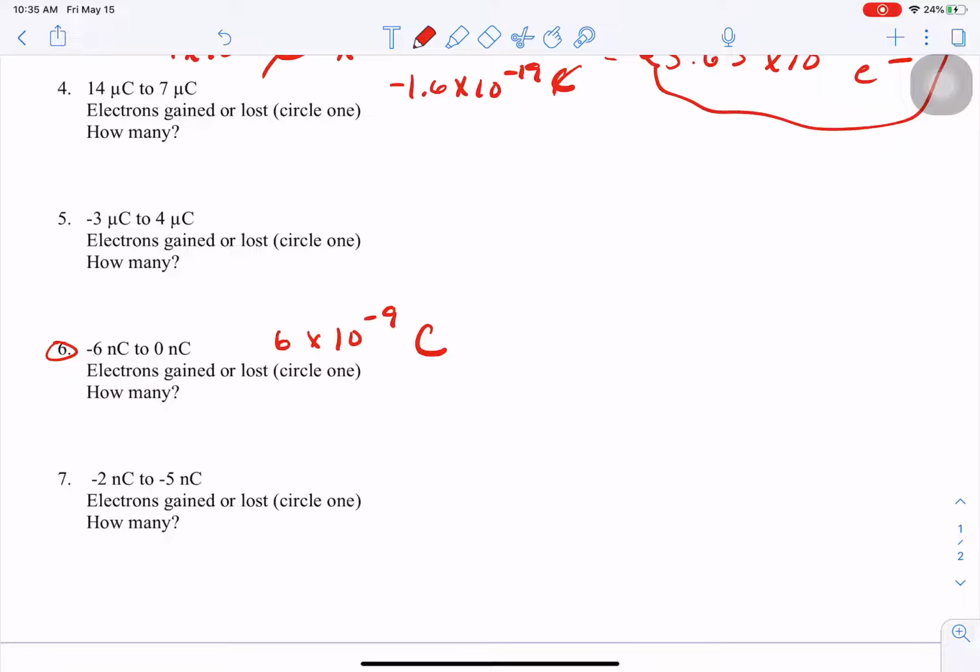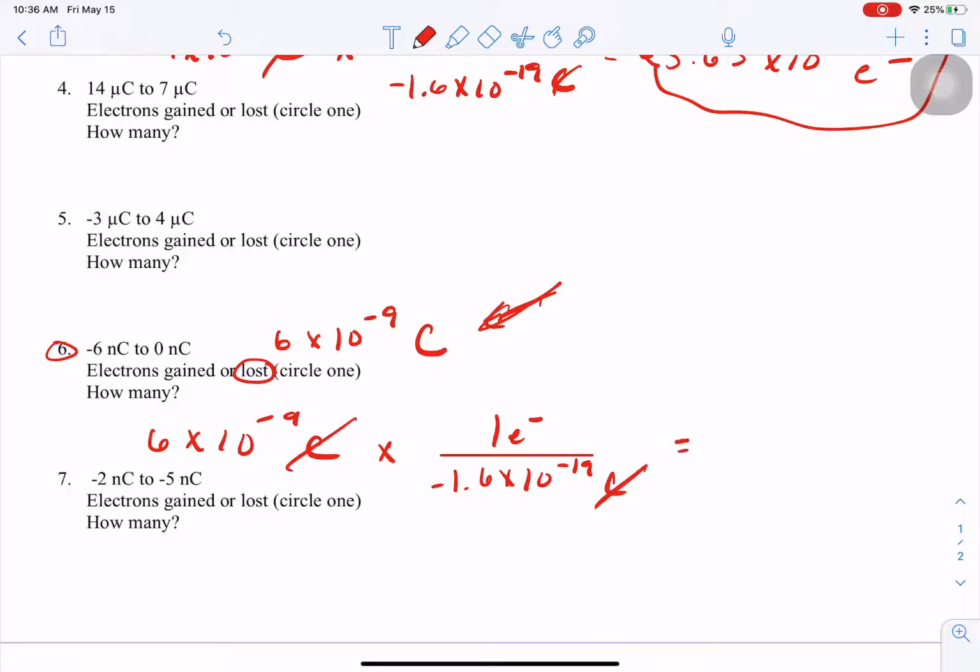If you're becoming more positive, remember, you're losing electrons. Now, by how many? This is your starting point right here: 6 times 10 to the negative 9th coulombs, times, in 1 electron, there exists a negative 1.6 times 10 to the negative 19th coulomb charge. Coulombs cross off. We're doing this divided by that. Let me get this for you real quick.